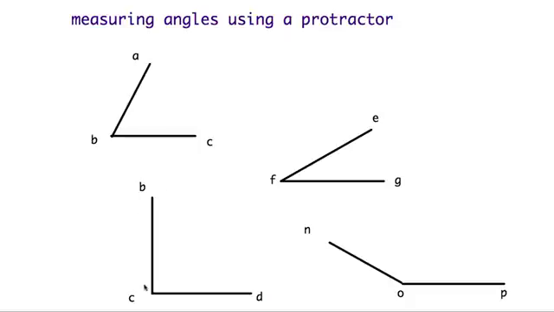This is angle BCD, and this is angle NOP. Now right here, right here, right here, and right here, the middle letter is our vertex, and that's where we will be making sure we place our protractor.